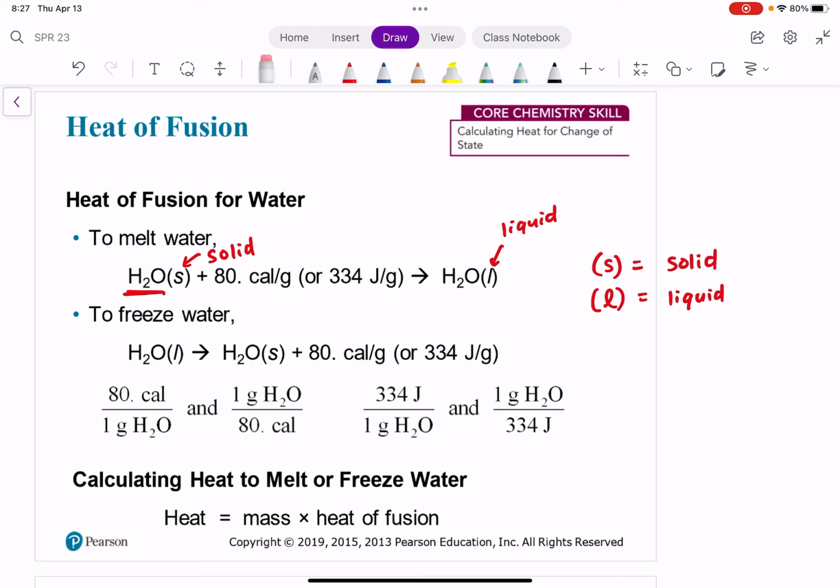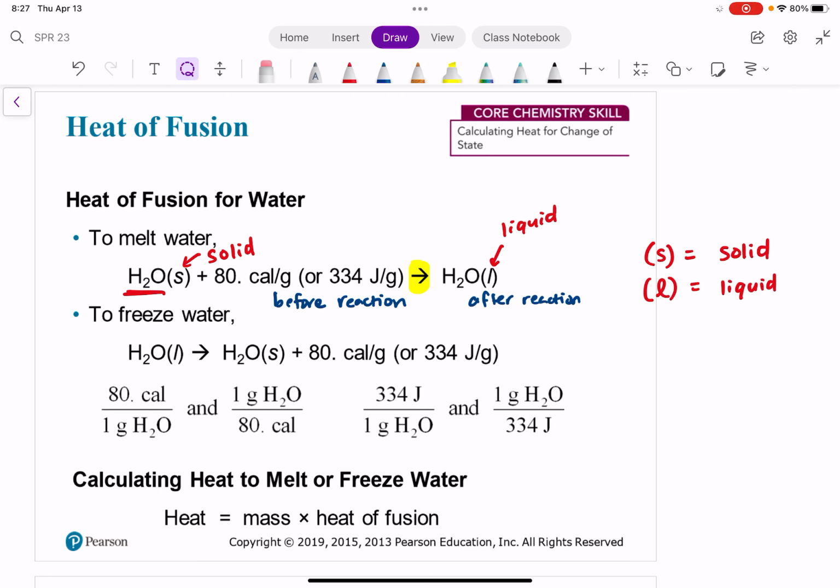So that's what this arrow means. You could think of this as before the reaction, and this would be after the reaction. We'll get into reactions in a little bit, not this video, but in a future video.